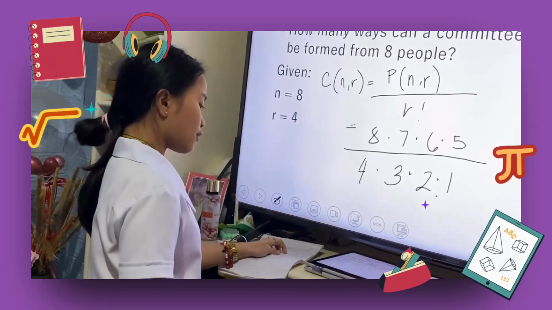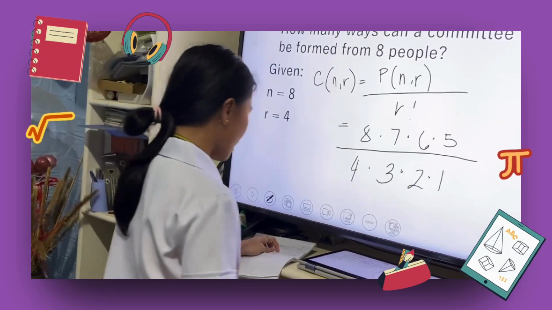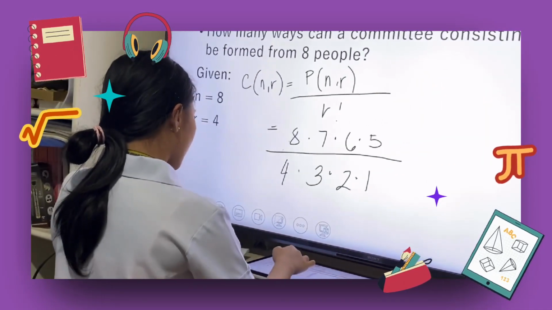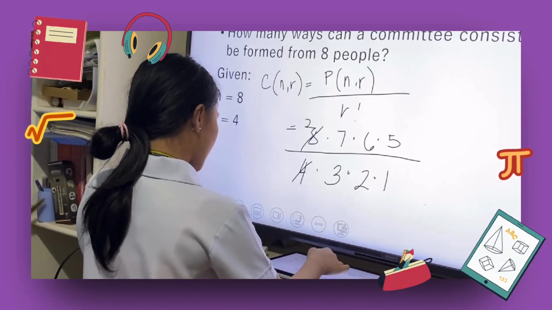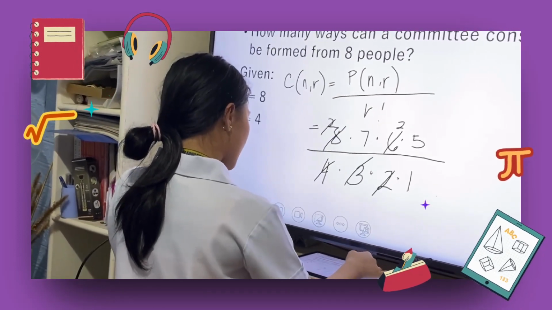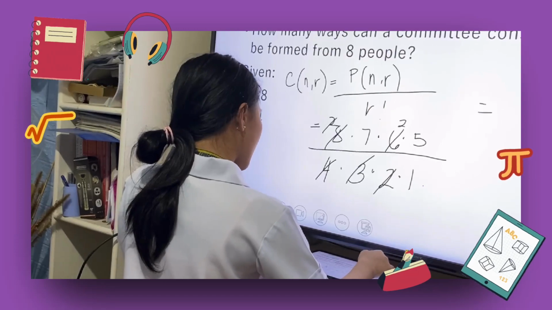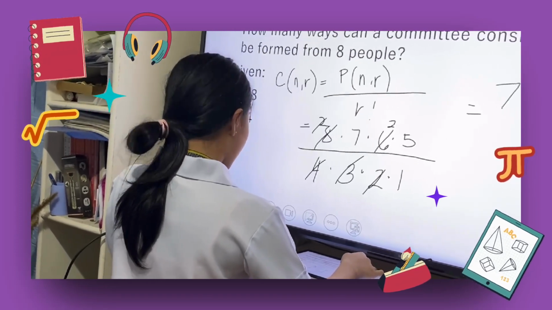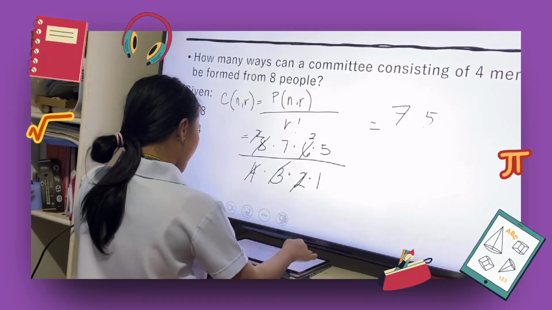And as always, we can use the cancellation method from earlier. So 8 and 4, it's the same thing. Remove this and then this. Same thing as always. The remaining numbers are 7, 5, 2.